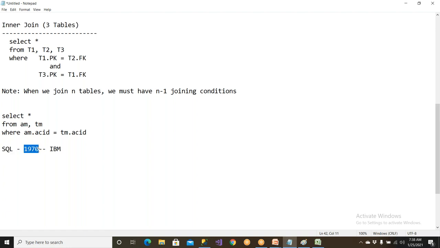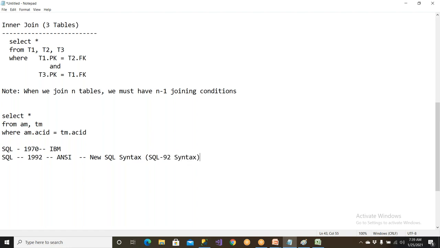But later in 1992, SQL got modified by ANSI, the American National Standards Institute, who made some modifications to the SQL syntax. According to the new syntax, people will say SQL 92 syntax.